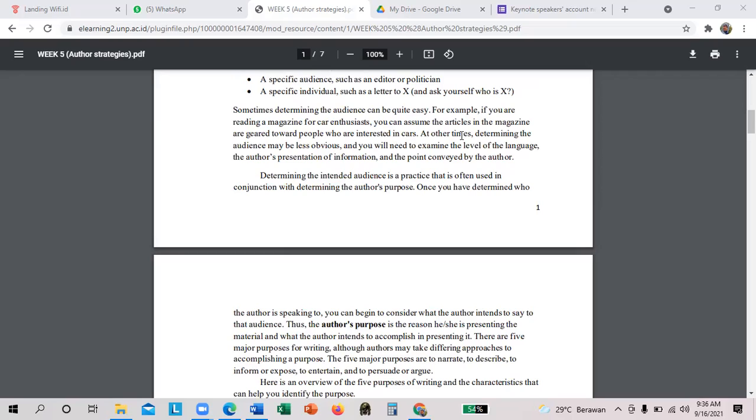But at other times, the audience can be less obvious. Sometimes it's very tricky, because you need to examine the level of the language and the author's presentation. So you need to go further with several considerations.